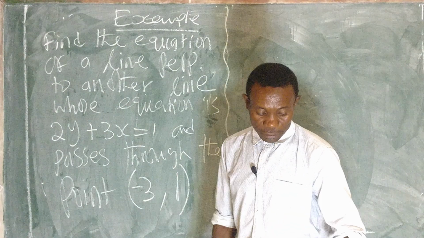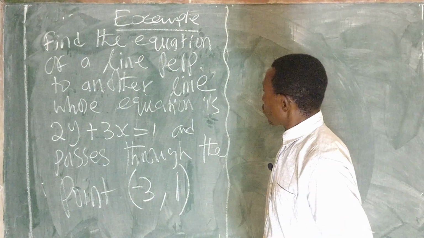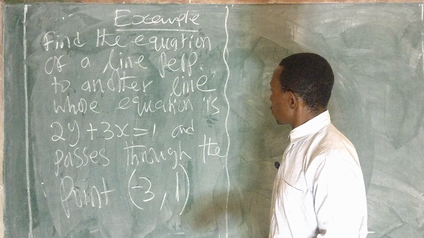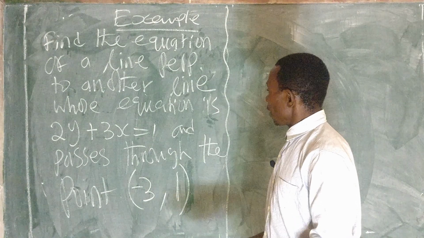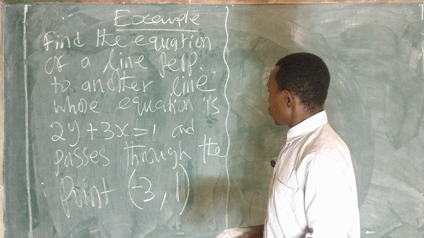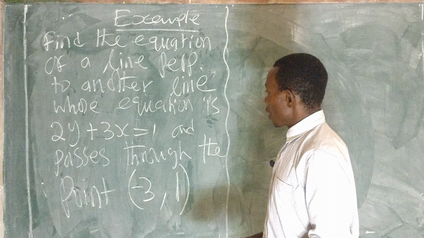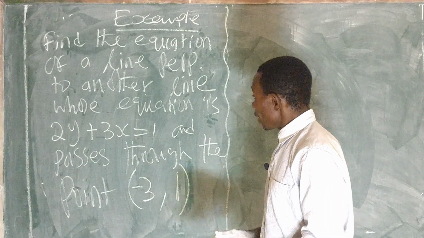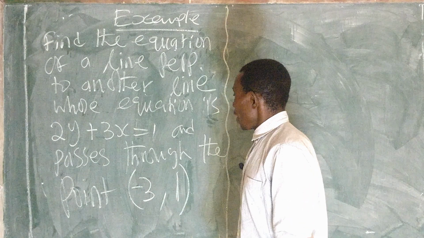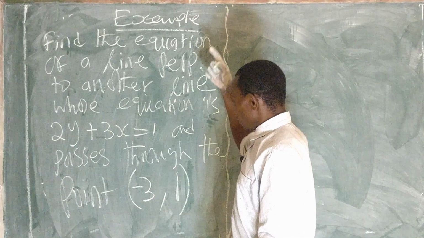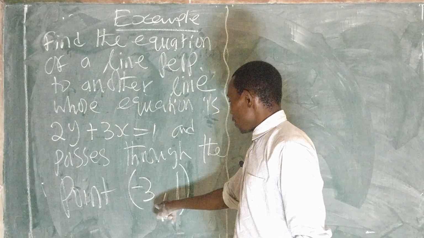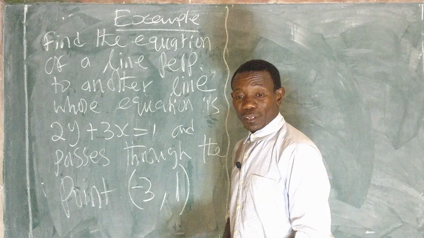Right. So that's it. Find the equation of a line perpendicular to another line. This line has an equation just like 2y plus 3x is equal to 1. And they say this line passes through the point negative 3, 1.